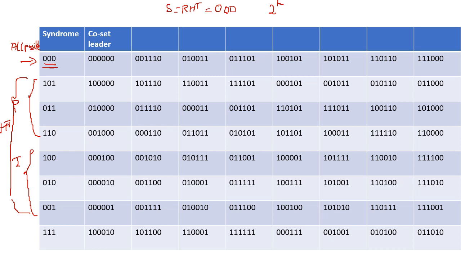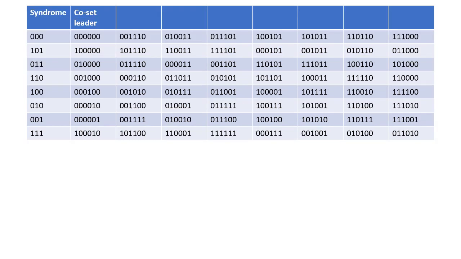Now we'll see how to detect the errors for a given problem. Next we'll see how to use the standard array table to detect and correct the error. Let us assume that the received vector R is 1 0 0 1 0 0, and we are going to find an error using the formula S is equal to R into H transpose.